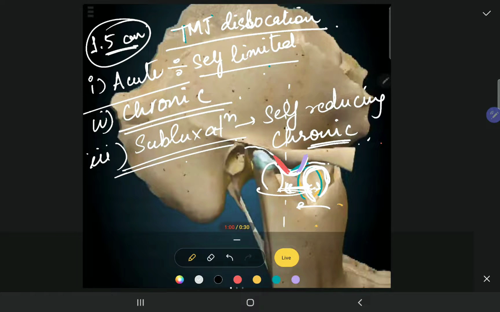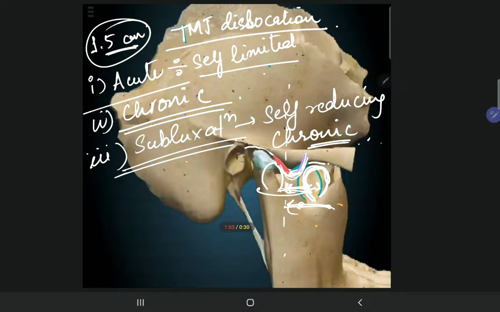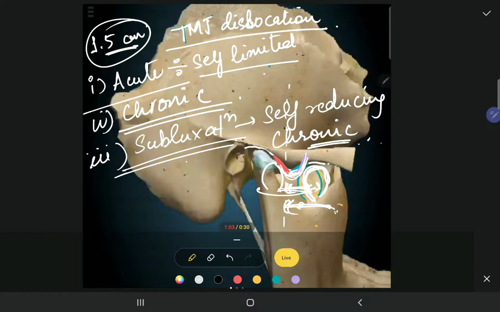If the condyle gets stuck here and the patient cannot get it back, the person will be stuck in the mouth open situation. The person won't be able to close the mouth. When the person opens the mouth wide and the condyle gets stuck at the anterior slope of the articular eminence in the preglenoid region, the person won't be able to close the mouth again.